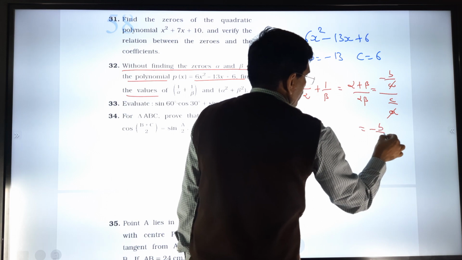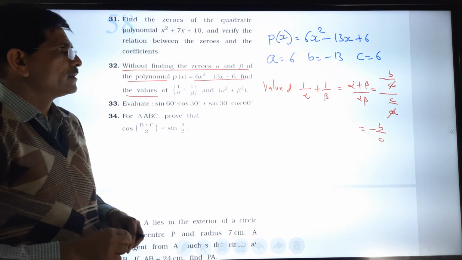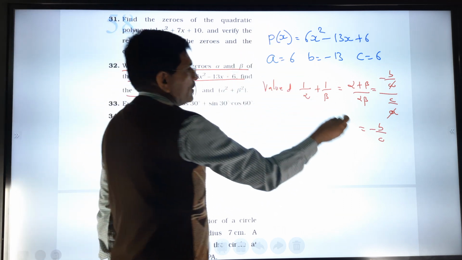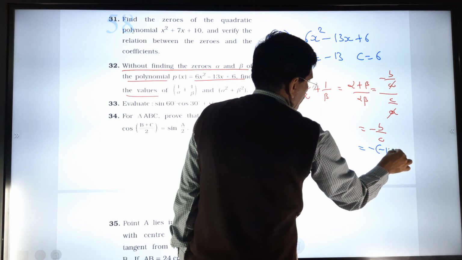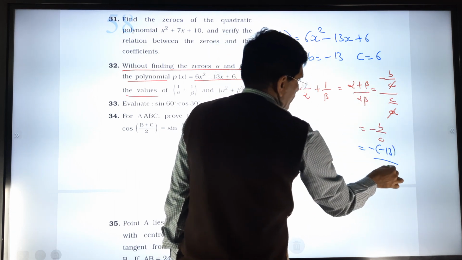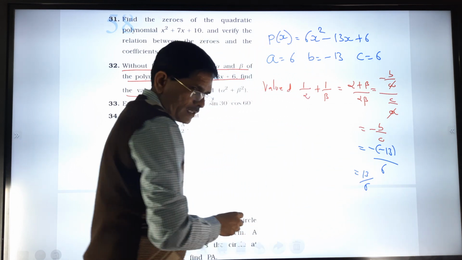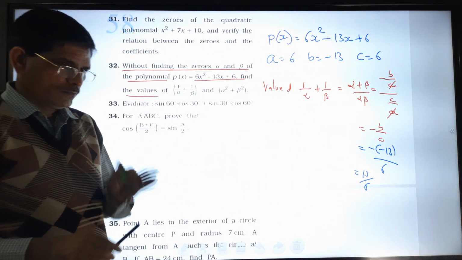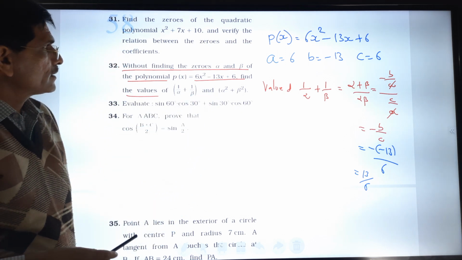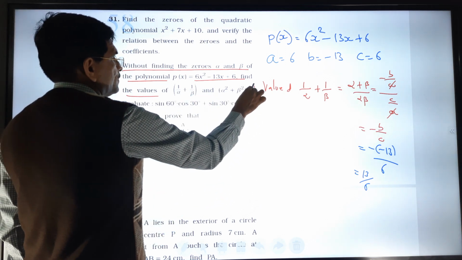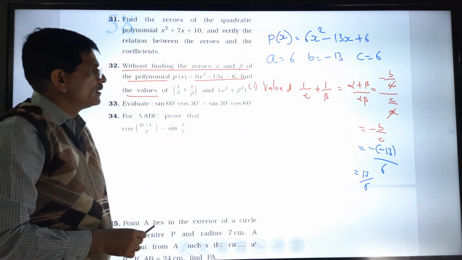So the answer is minus b upon c. Now you can get the value of b, that is minus 13, and the value of c, that is 6. So the answer is 13 upon 6. You can also verify it. Now this was the first sum. You will get 1 mark if you write it properly this way.